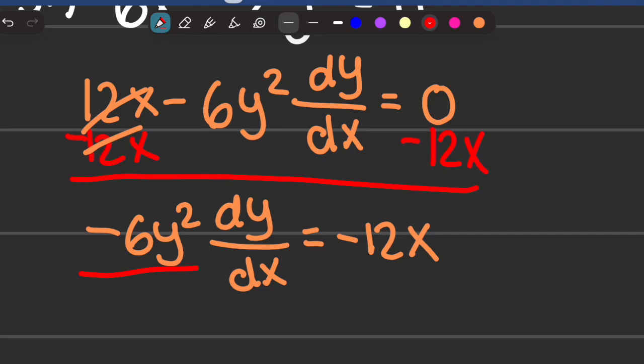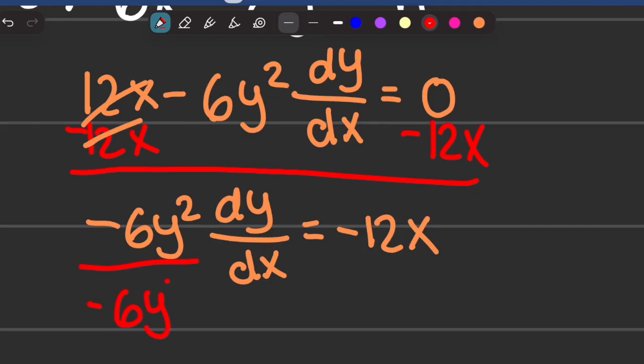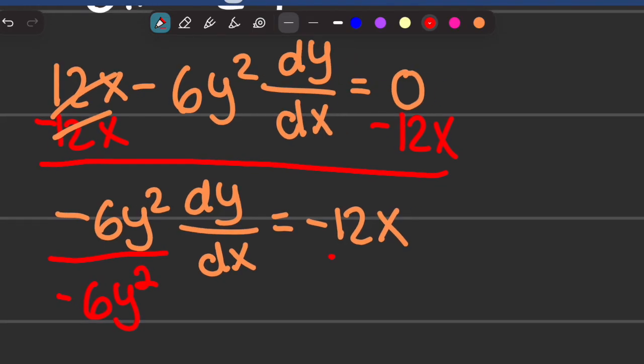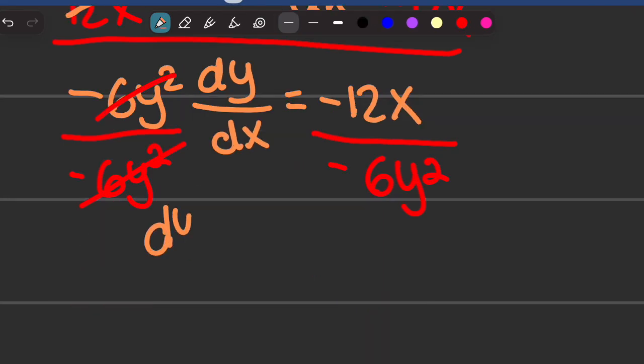A lot of this is just algebra. So we'll divide both sides by negative 6y squared, and that's going to cancel it from this side. And we are left with dy over dx equals, so negative 12 divided by negative 6 is going to give us positive 2, because we are dividing top and bottom by 6.